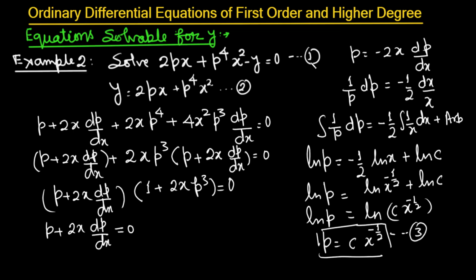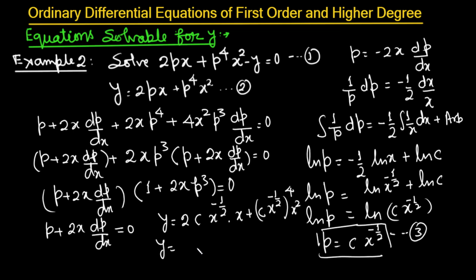So the general solution of the given equation 1 will be obtained by eliminating the p variable from equation number 2 and equation number 3. So we simply put the p value into equation number 2. So we get y equals 2, in place of p we will write c x raised to the power minus half into x, plus p to the power 4 stands for c x raised to the power minus half whole power 4 multiplied by x squared.